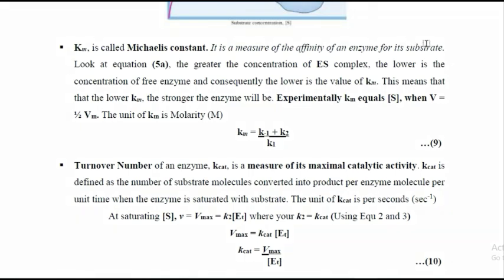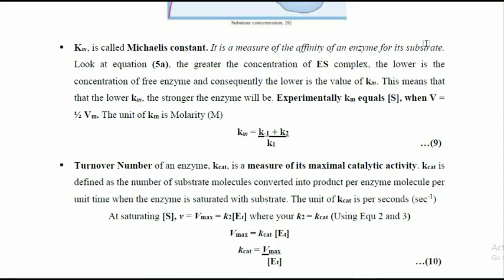When the rate at which the enzyme substrate complex is formed is very, very high, that means we will have a low Km. That means there is nothing that can obstruct the enzyme from converting it into product. This means that the lower the Km, the stronger our enzyme will be.